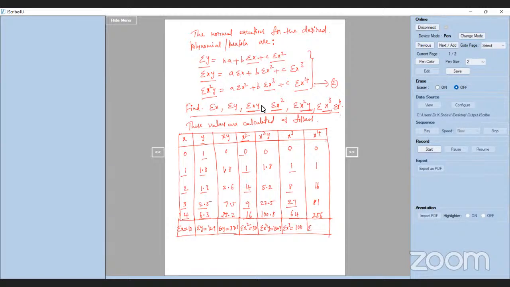Sum of x to the power 4: 354. Very good. Next, what will we do after getting all these values? We have to substitute all the relevant values in these three normal equations. I'm going to take another page.